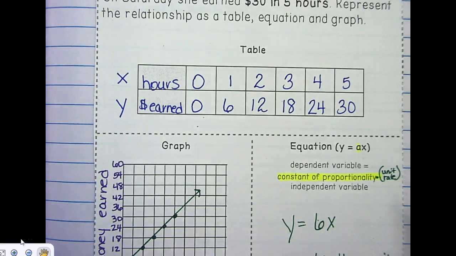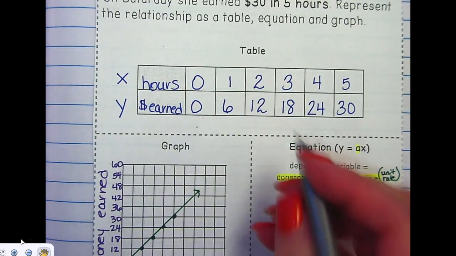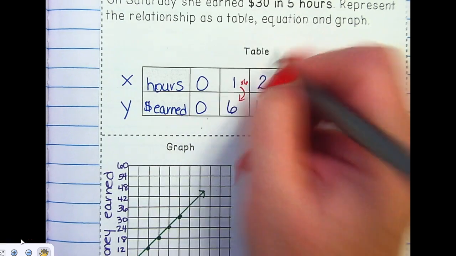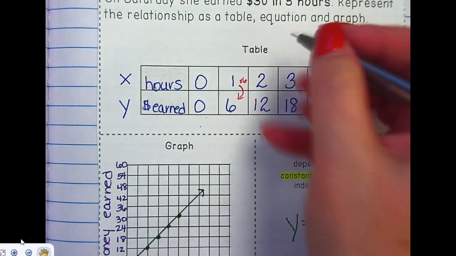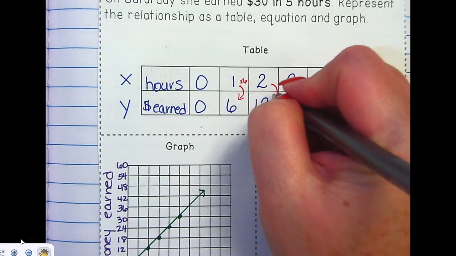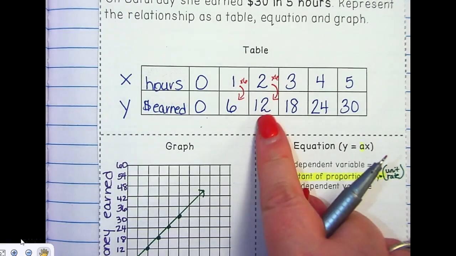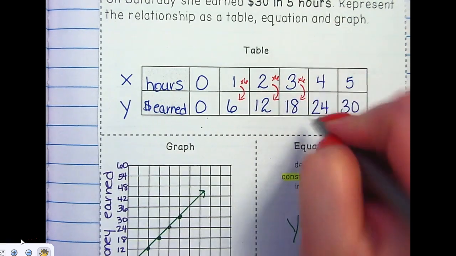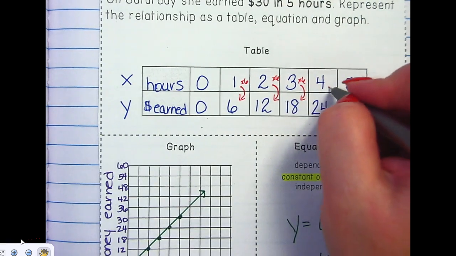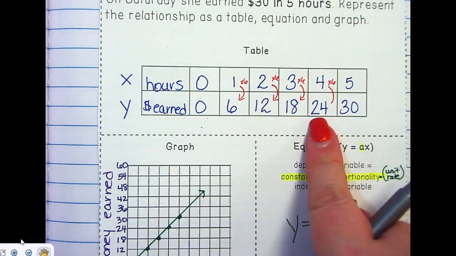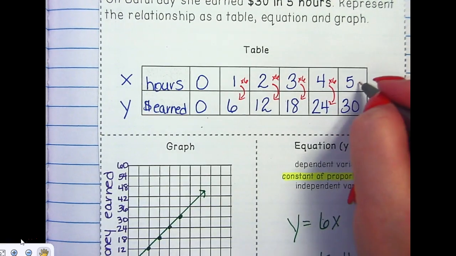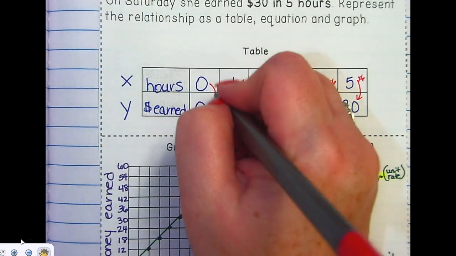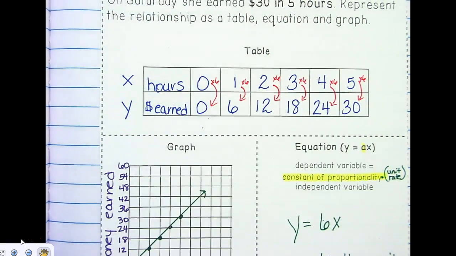Well, am I multiplying each of these by the same number? So here, 1 times 6 is 6. 2 times 6 is 12. 3 times 6 is 18. 4 times 6 is 24. And 5 times 6 is 30. And even 0 times 6 is 0.